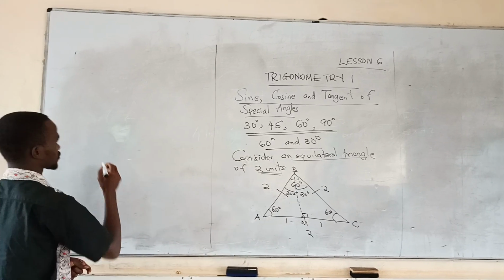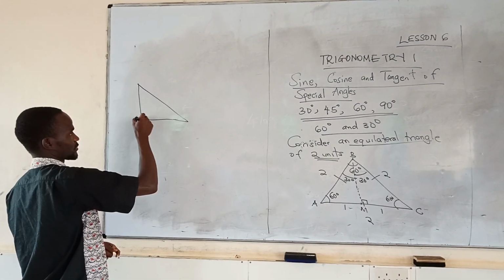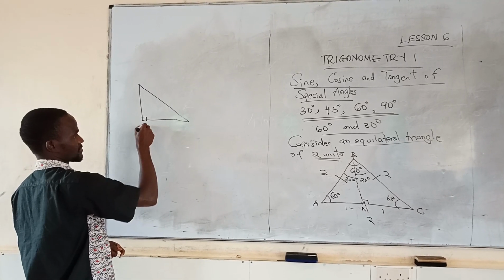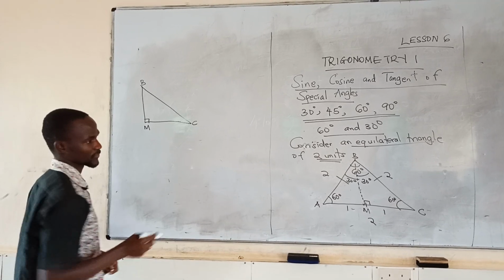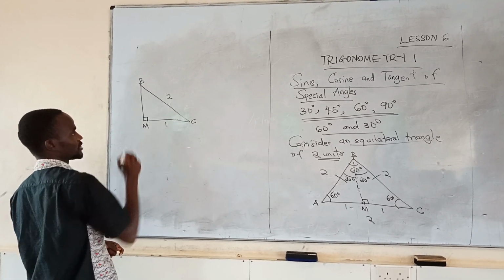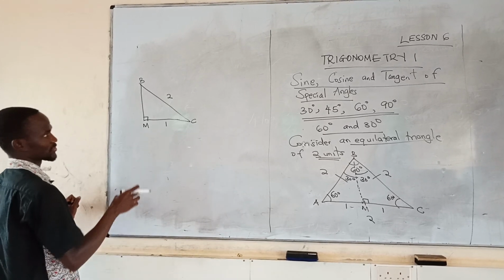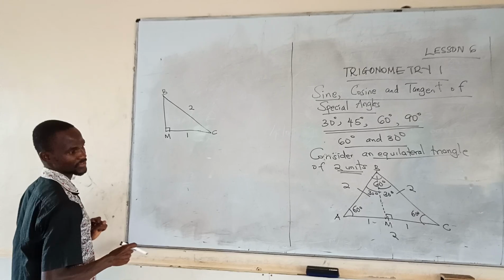Now, if we extract any of those triangles, we have M, B, C, with 2 units there and 1 unit here. By Pythagoras theorem, we can get the representation of this.